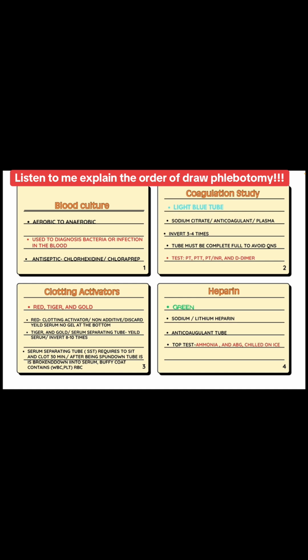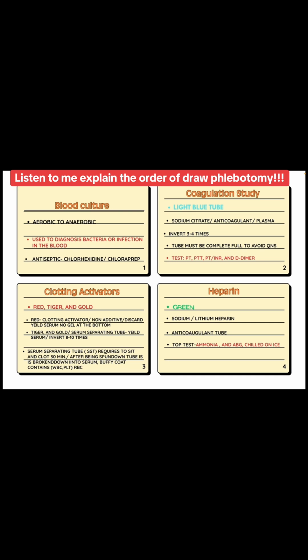Now, our next set is our heparin. Our heparin comes from a green tube. It has sodium heparin or lithium heparin. These two tubes are considered to be anticoagulant tubes. Again, it's collected whole blood and it cannot clot.